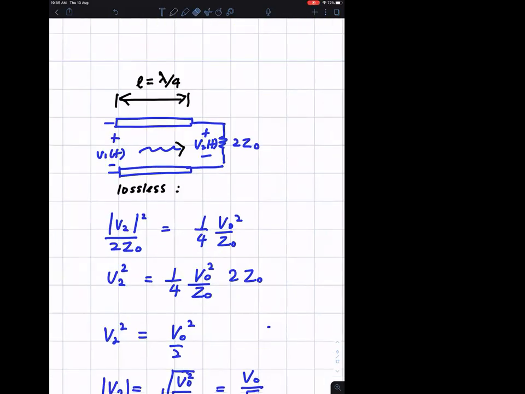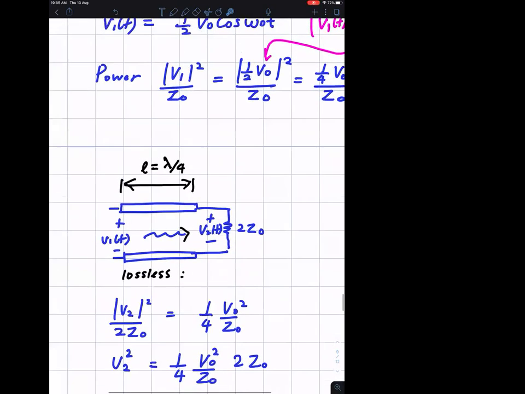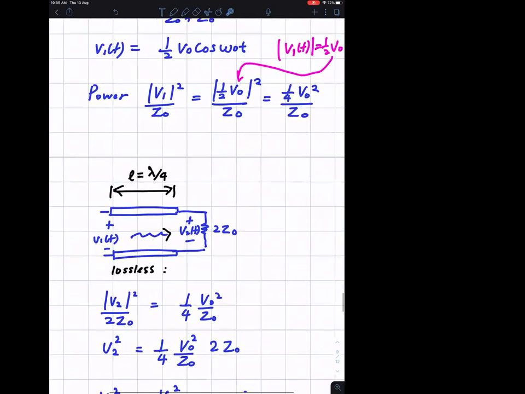The power at the load is given by V2 squared, the voltage across the load, divided by the load resistance. And that's going to be equal to the power at the input, which we calculated earlier.